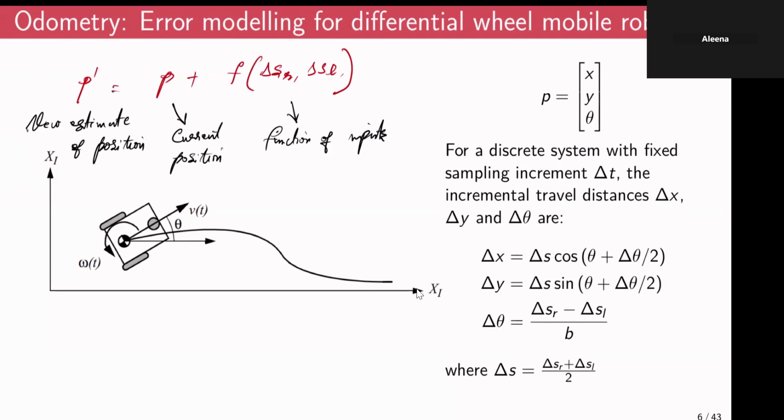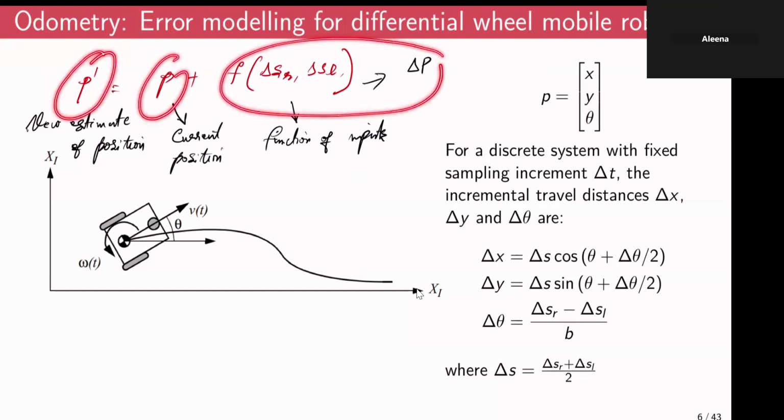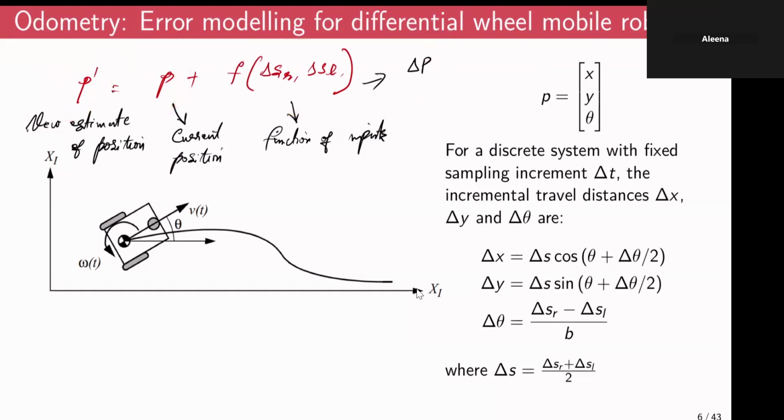So this thing, the effect on the position coordinates due to the input, we call delta P, right? These are all vectors basically. P dash is a vector, P is a vector, and delta P is also a vector. So what are these vectors constituted of? P dash is nothing but the new position, x dash, y dash, and theta dash, right?